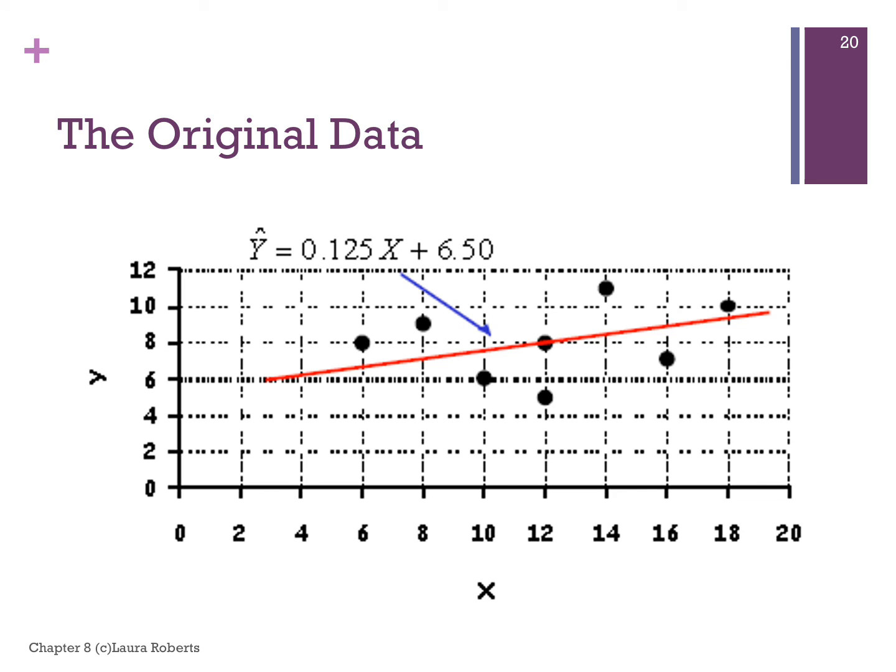When x equals 12, notice the y value falls exactly on the regression line, so the residual for this child's predicted y is 0. But for other cases, the actual y is a little above or a little below the regression line. The residuals for these children are numbers that are slightly positive or slightly negative.